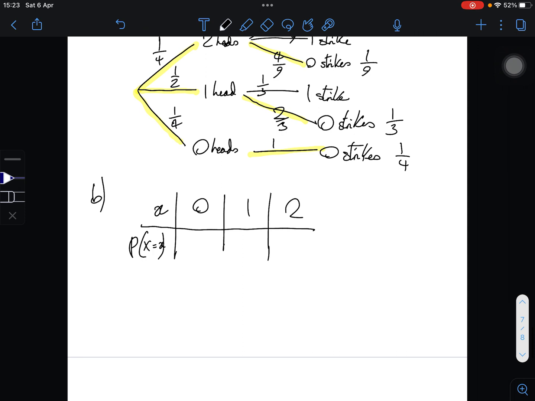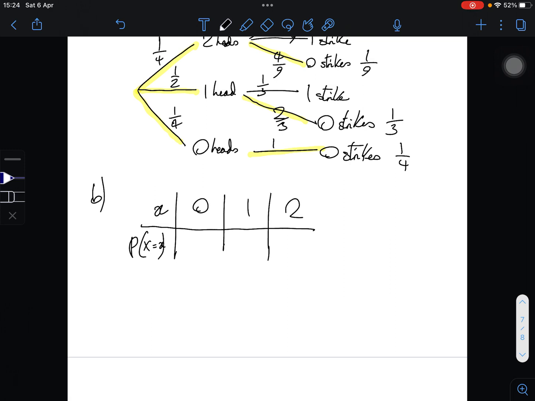Okay, now we've done that, we can add those together. So common denominator would be 36. 4 times 9 is 36. And so therefore, let's get them all over 36. First one would be 4 over 36 plus 12 over 36 plus, 4 goes into 36, 9 over 36.